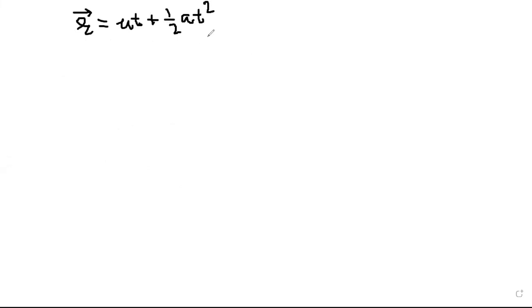So here r is equal to 1 by 2 a t square, since initial velocity is 0.